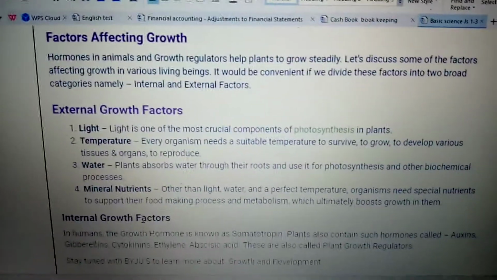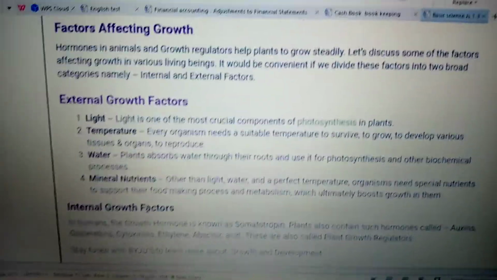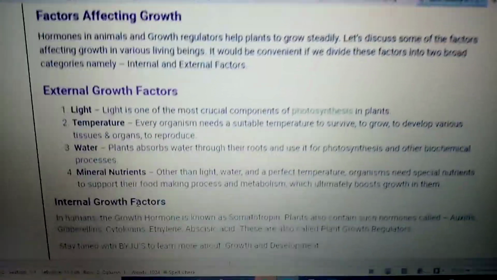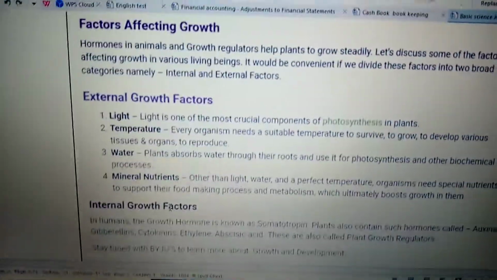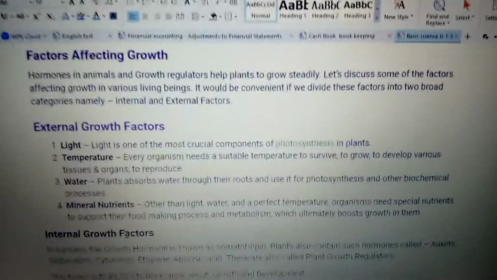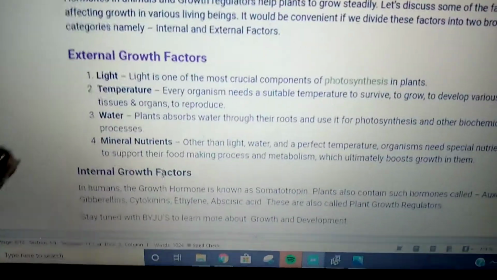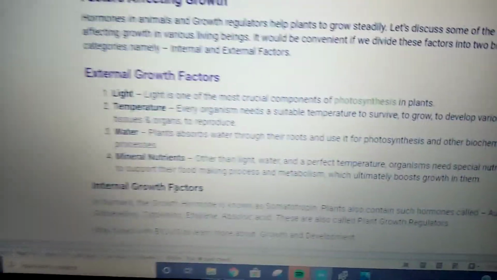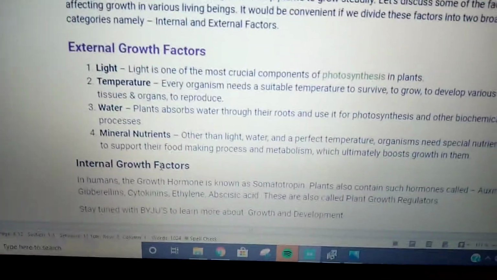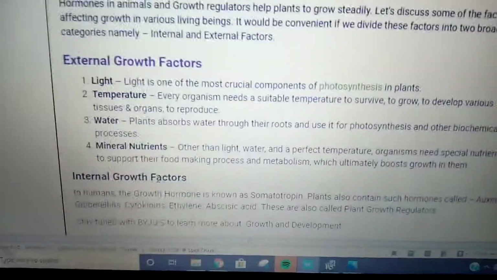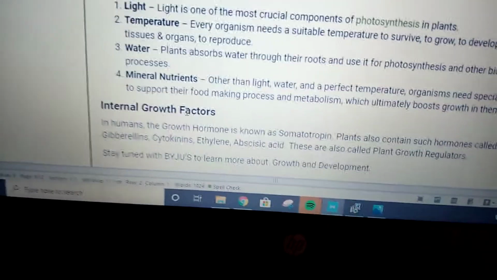Especially for plants, they need light. Once they have light, they will grow very well. If they don't have light, they will not grow. Then temperature, which should not be too hot or too cold. Then water is necessary for growth. Then nutrients that will nourish the body are also necessary for growth.